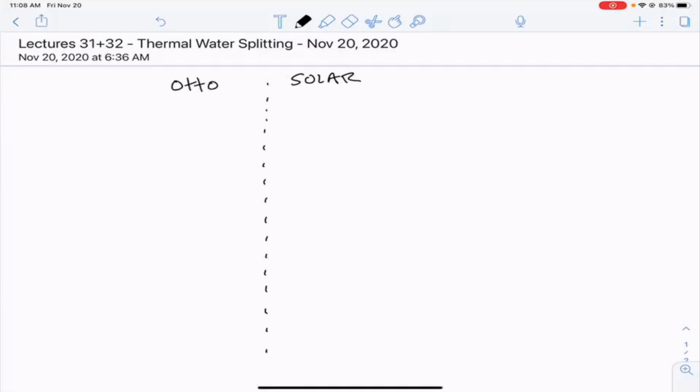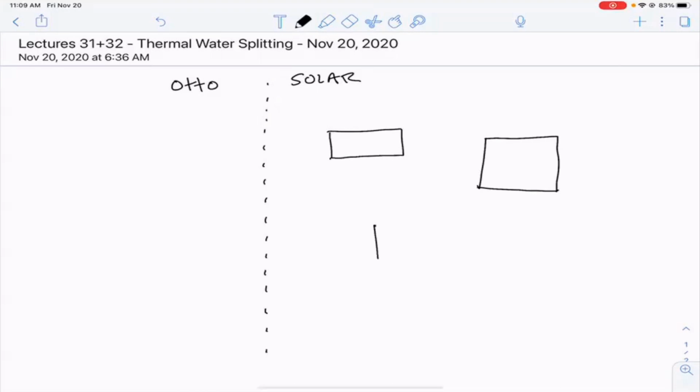And the solar side, we said, has 3 stages, and we're going to preheat the water. So I'm going to draw the 3 stages just as 3 boxes. There's 1 box, 2, and 3. Okay. And these represent each one of those stages.